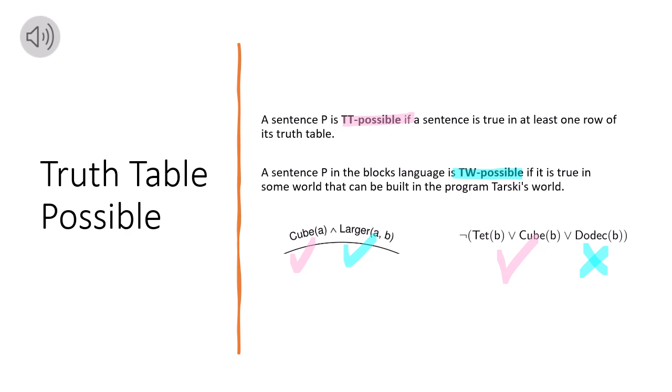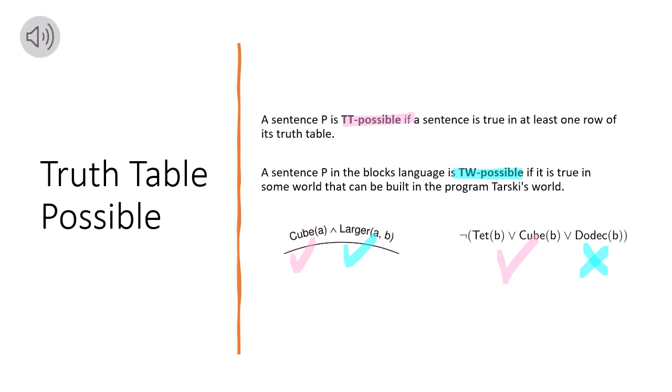On the other hand, if you construct its truth table, it would have three atomic sentences, so 2 to the power of 3, or 8 possible rows. And in any row where one of those atomic sentences was true, the disjunction would be true, and then the negation would be false.